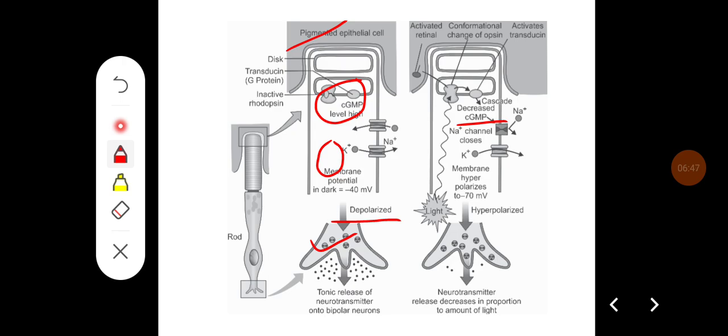So sodium levels decrease, which is going to lead to hyperpolarization, and that leads to decrease in the neurotransmitter glutamate, and so these are going to inhibit the interneuron, and interneurons in turn excite the bipolar cells.